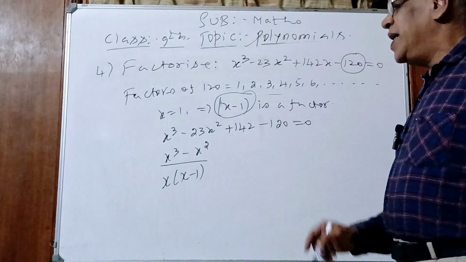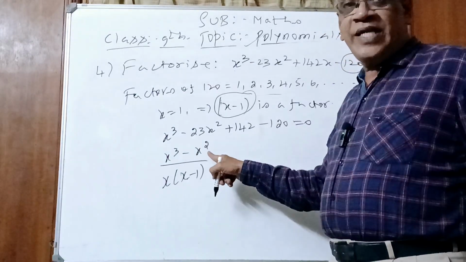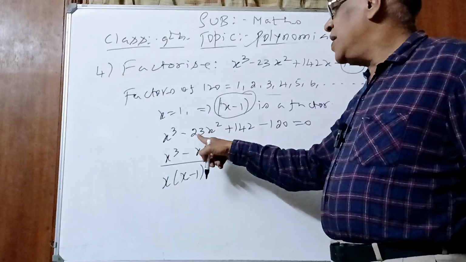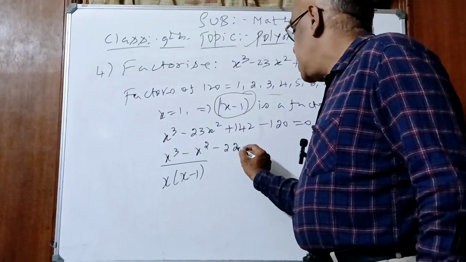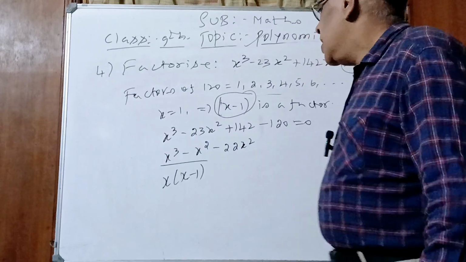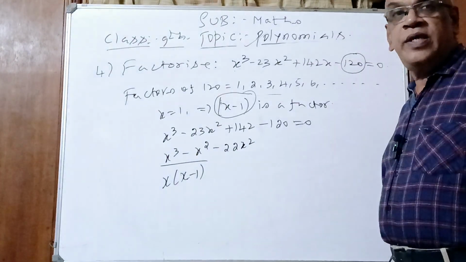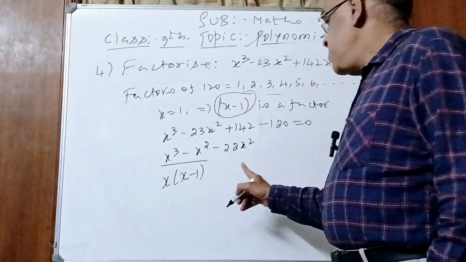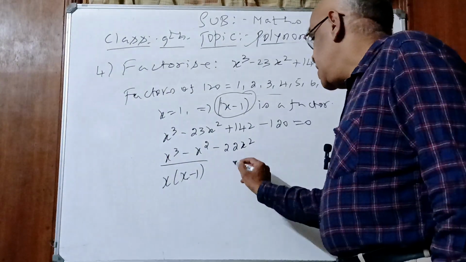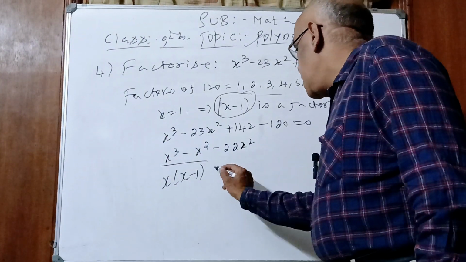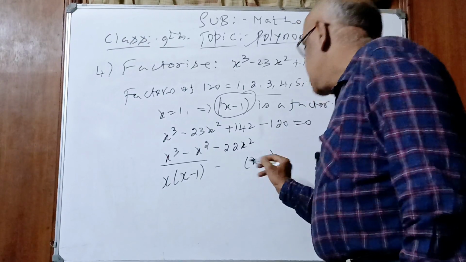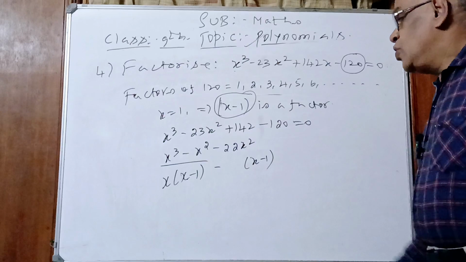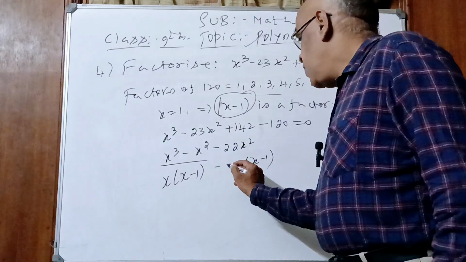Now you may wonder, from where did I take x square? I split 23x square as minus 1x square. How much remains, children? Minus 22x square. Yes or no? Yes. Now again, along with this, I should get the x minus 1 factor. To get it, what should I take here?